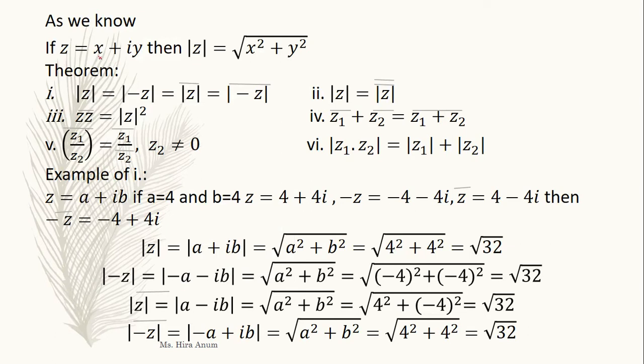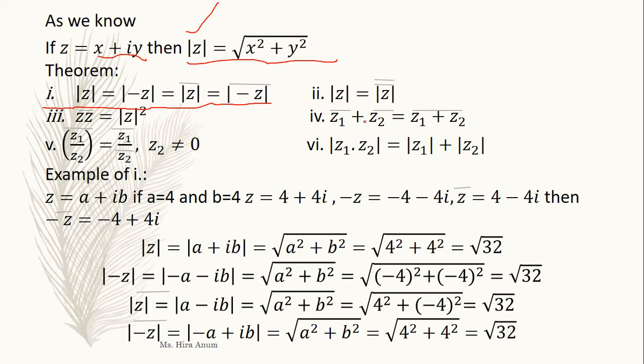Then z equals x plus iy, and the magnitude mod z equals the square root of x squared plus y squared. Here we have the parts of the theorem: mod z equals mod of minus z equals mod of conjugate z. Also mod z equals mod of the double conjugate of z. z times conjugate z equals mod z squared.